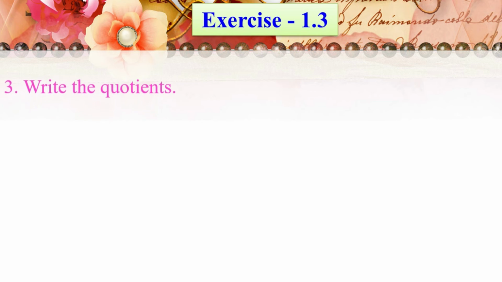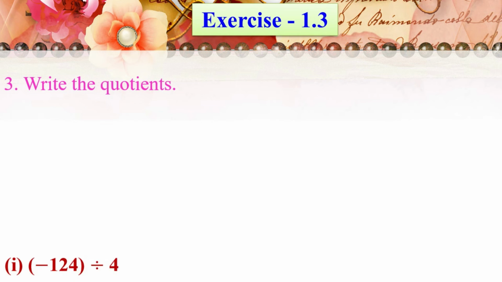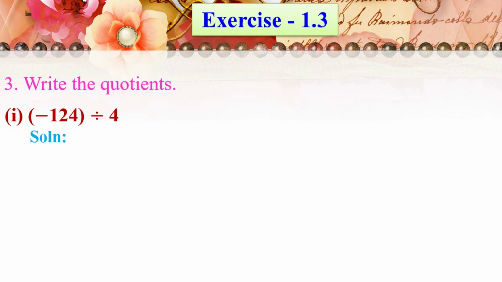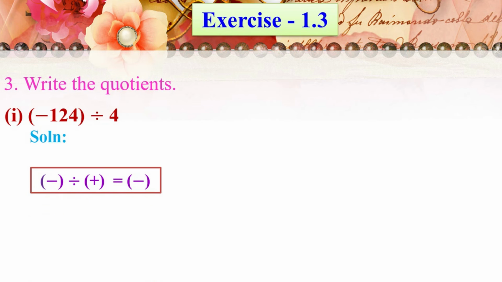Let's see exercise 1.3. Third problem, write the questions. First one, minus 124 divided by 4. Let us find the solution. When we divide a negative integer by a positive integer, we get a negative integer only. Here 124 is the dividend and 4 is the divisor.